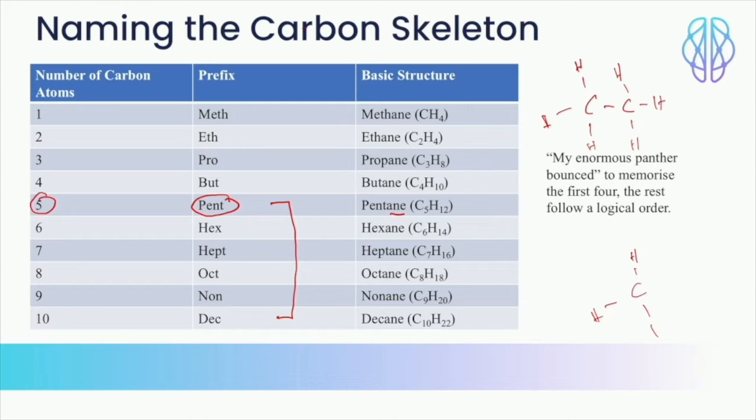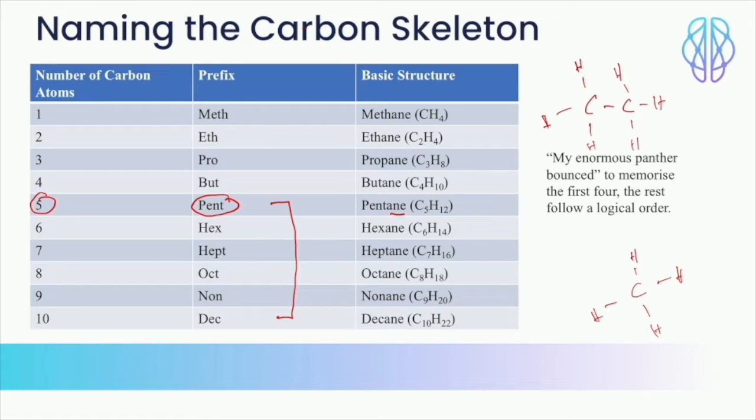So this is what we call methane. So you might have heard of methane gas. 2 carbon atoms in the main chain, we call that ethane. 3 propane, you can use that in stoves. 4 butane, so that's something that's found in lighters.